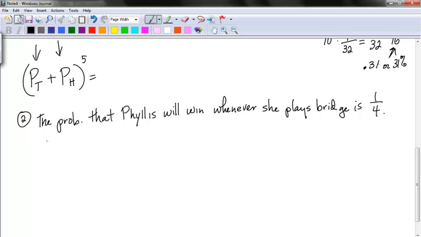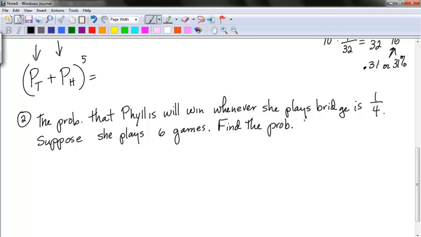Okay? Suppose she plays 6 games. Find the probability that she will win four times and lose twice.